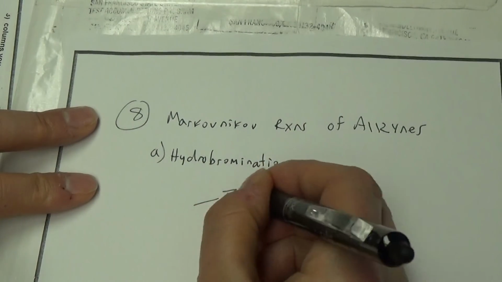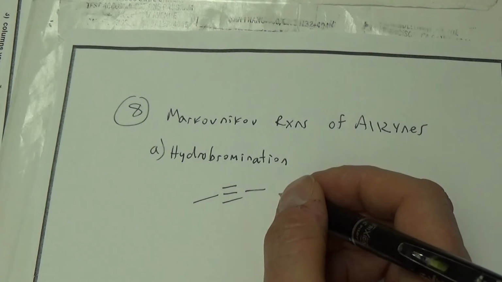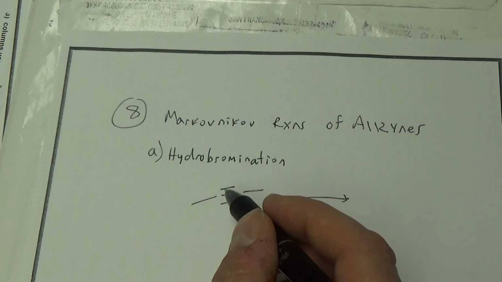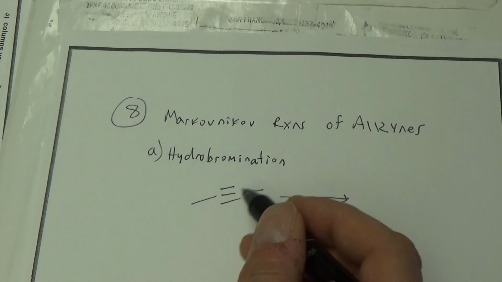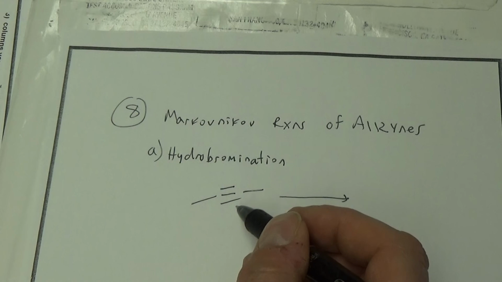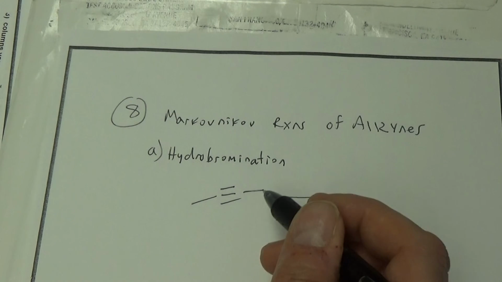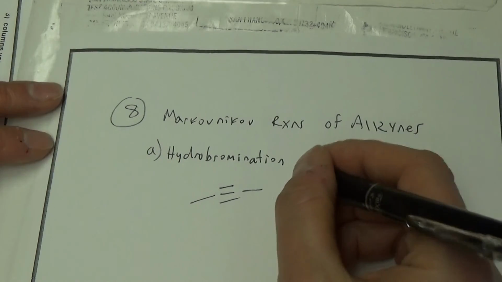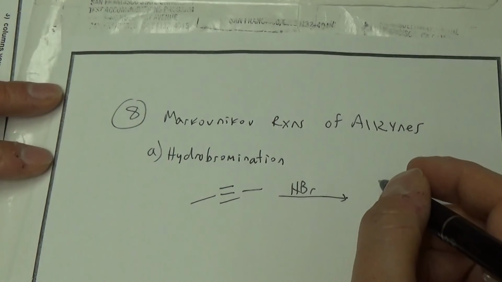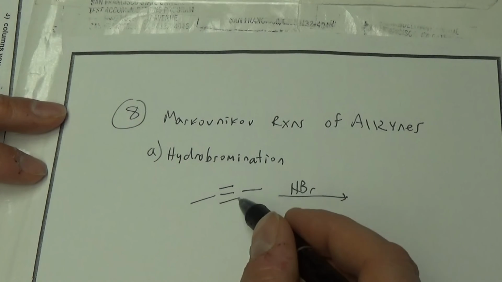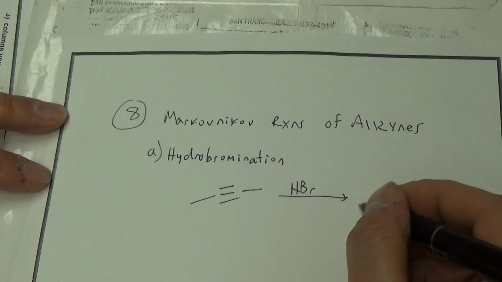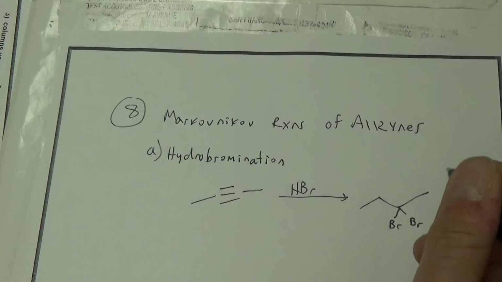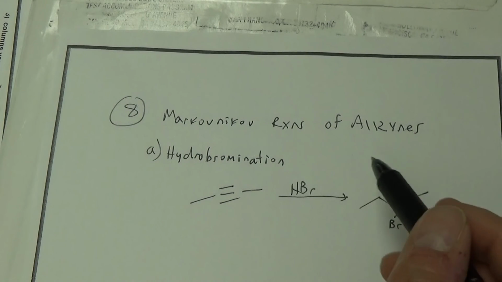Alright, so what we're going to show now is a little bit weird as we're drawing it, because we're not showing a clear more substituted side of the alkyne, but what we will show for this Markovnikov hydrobromination is that if we react with HBr, you'll attach an H and a Br, but the big thing is that the second Br goes where the first Br is, and that's kind of why we're calling it Markovnikov.